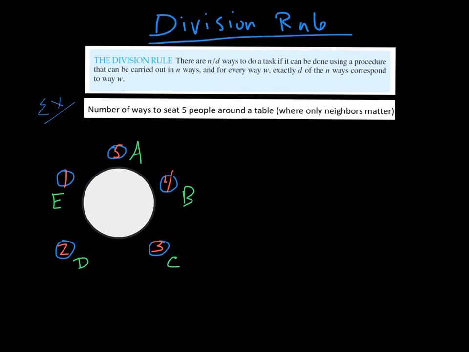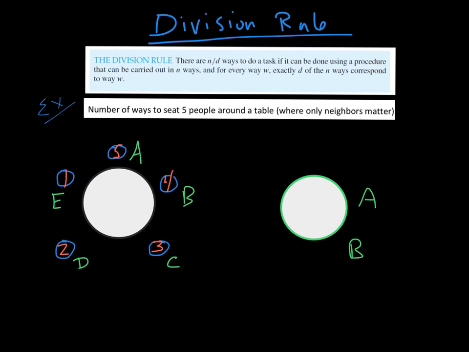But look, I could have, let's look at another table right here. Sorry about the green outline, that's the color I had chosen. I could arrange them in a different way. I could arrange person A sitting right here, person B, person C, person D, and person E. Now, they're all sitting in different seats, but all that matters is who their neighbors are.